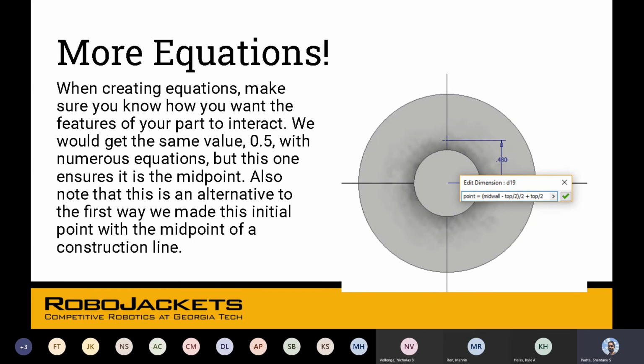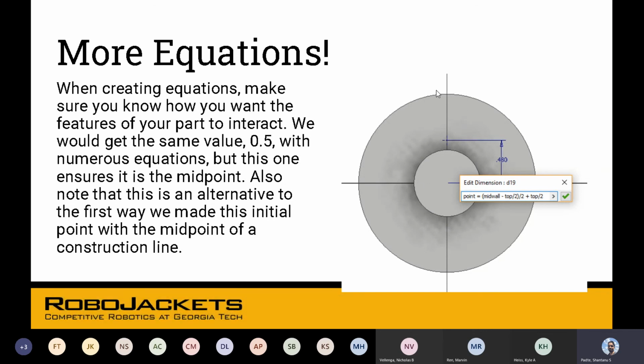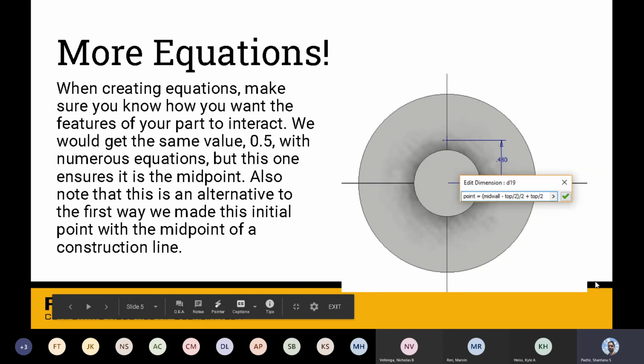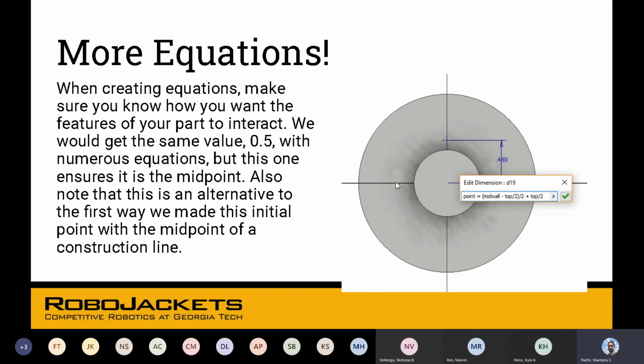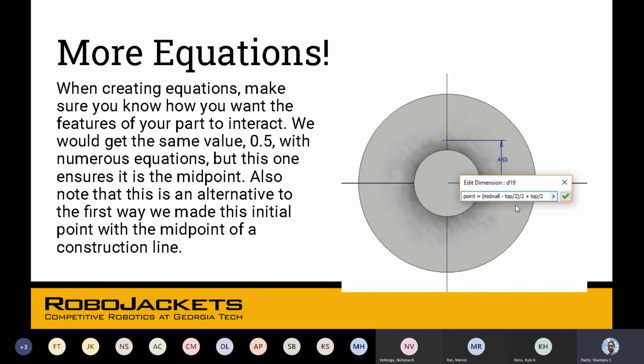Let's say you have a diameter and you want to find this midpoint. You could just pick the diameter and then divide it by 2, and that would ensure you get the midpoint every time, even if you change that diameter. If you used another variable, let's say the distance between the top to this axis, then this answer would change if you had to, say, move the circle around. So think about what references you're using when you create your equations.